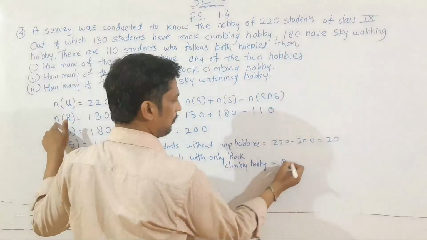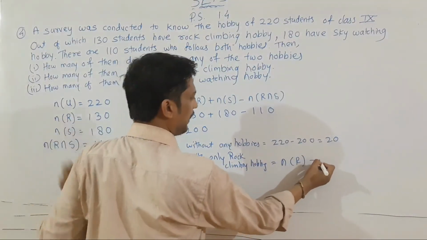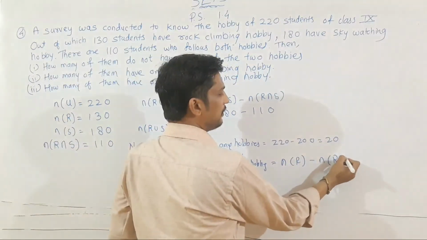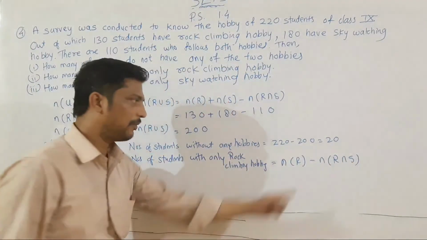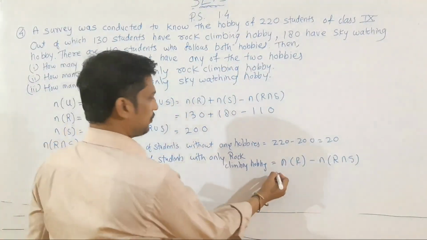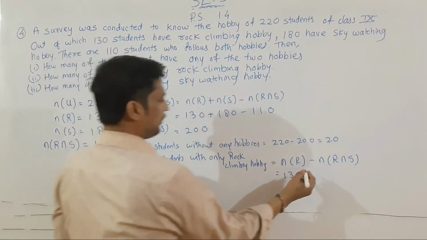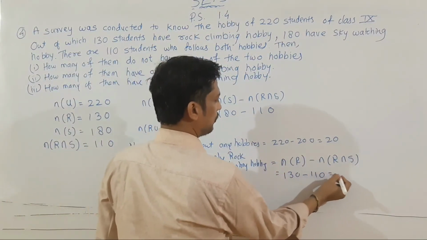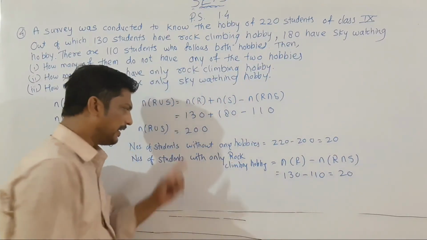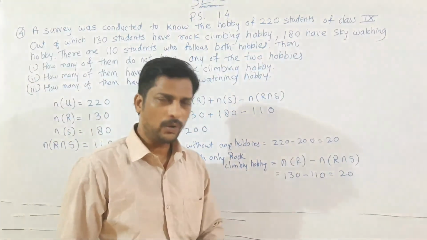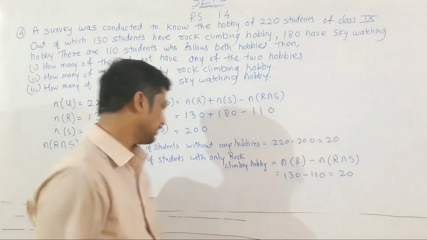First, number of rock climbing hobbies minus number of intersection of rock climbing and what? Sky watching. So 130 minus 110 is equal to 20. So there are 20 students who have only rock climbing hobbies.